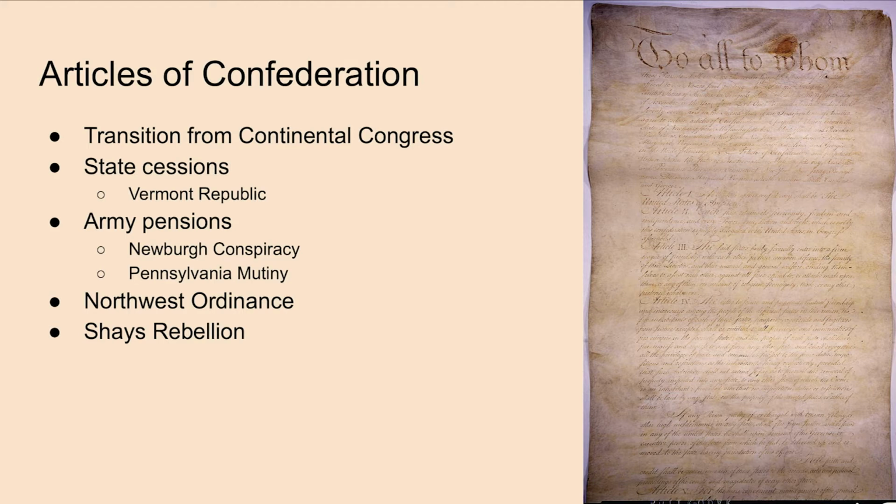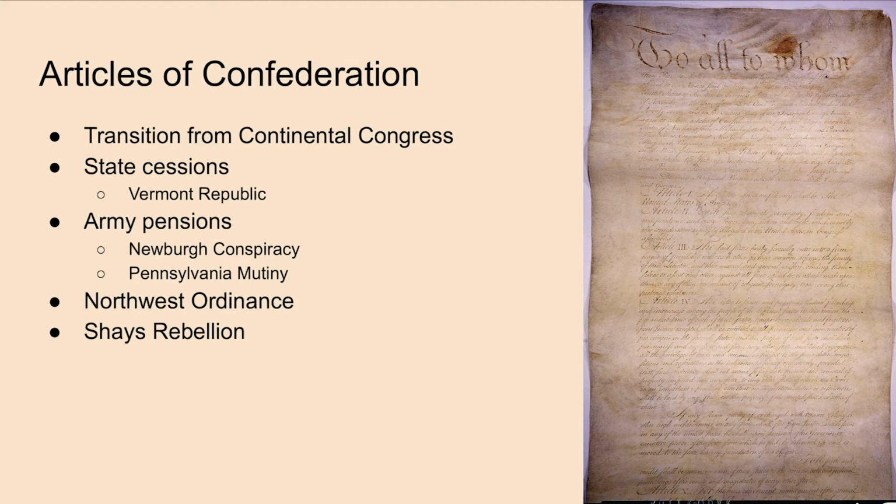So you have all this stuff in terms of the Northwest Ordinance. They're starting to get money, but it's not adequate. Veterans are still not getting the pensions they were promised. And finally, it reaches a breaking point in Massachusetts, where in August of 1786, this guy named Daniel Shays, so technically it's not called Shays' Rebellion, it's Shays' Rebellion, but nobody calls it that.